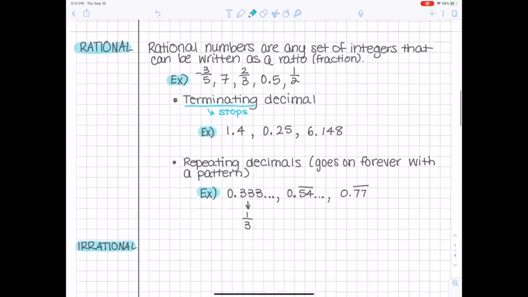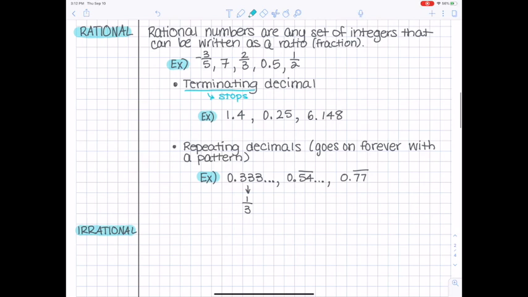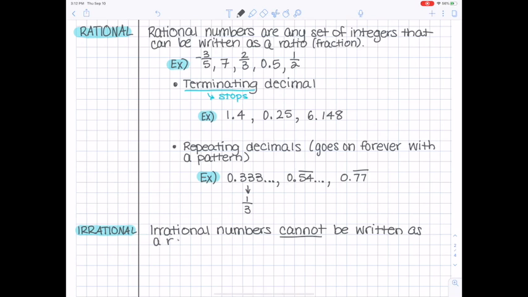Irrational numbers cannot, so it's literally the opposite definition, cannot be written as a ratio. That's it. That's the basic definition. So they can never be written as a ratio.